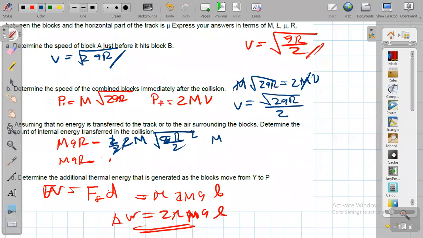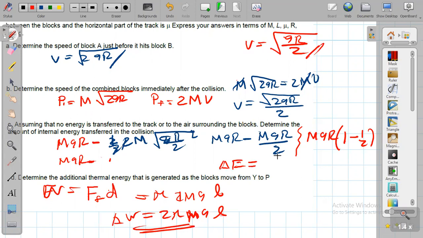So what happens? mgR minus what? Cancelling by two, it is mgR over 2. mgR is outside: 1 minus half, so 1 minus half means just half. What is the delta E transferred? mgR over 2 is the amount of energy transferred.